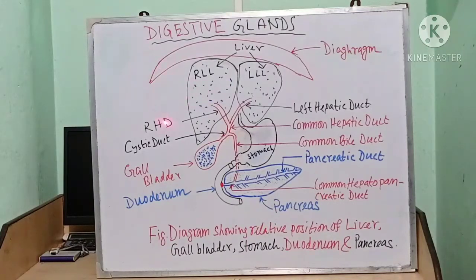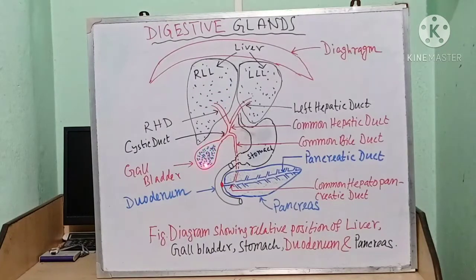We know the liver excretes bile. What is bile? It is an alkaline, yellowish, bitter, secretory as well as excretory product of the liver, and it is stored in the gallbladder.